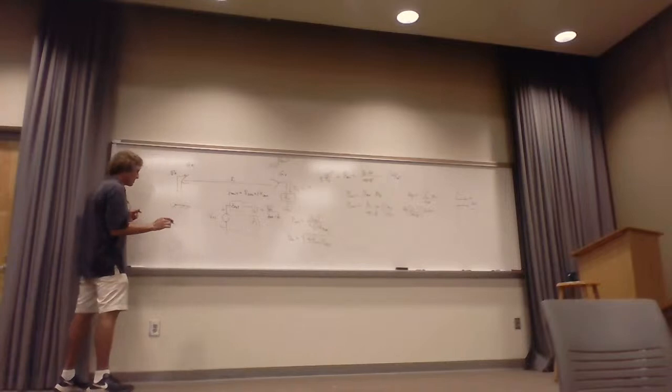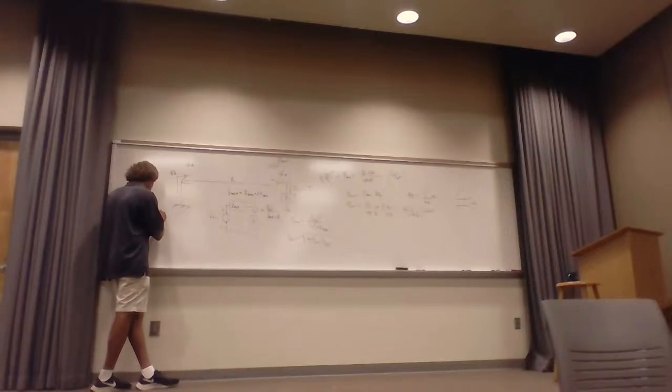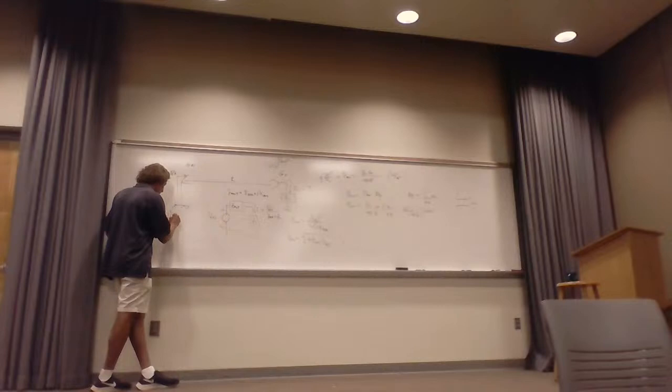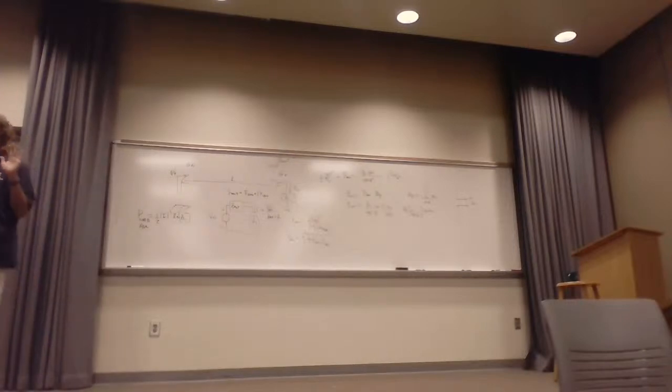Now, the power dissipated by the load, the average power, would be equal to 1/2 the magnitude of that current I squared, times the real part of ZL, because the imaginary part doesn't dissipate power, just the real part. Okay?